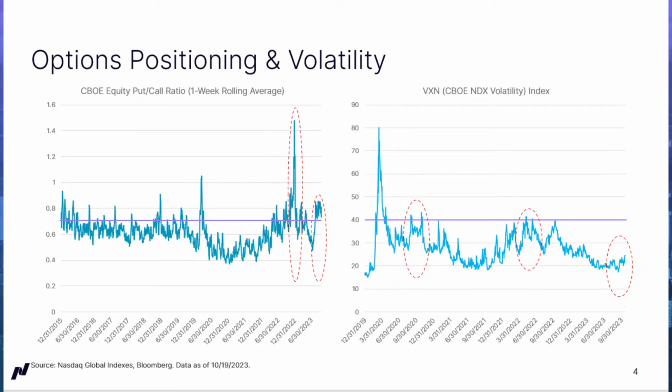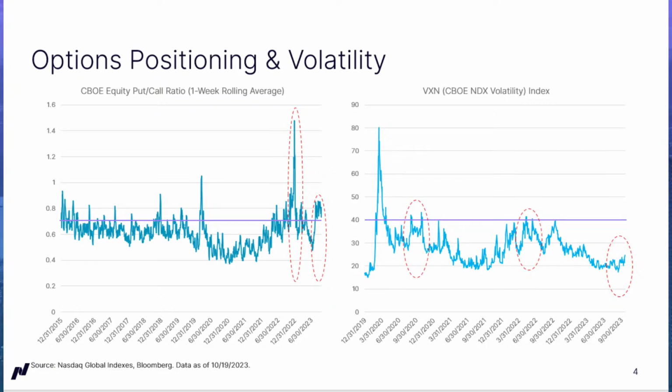These are investors that are continually positioning themselves to be a little bit more defensive, probably related to a lot of the negative headlines we've seen from a geopolitical perspective recently. And then on the right-hand side, you've got the index volatility. This is the CBOE NDX volatility index, the ticker VXN.